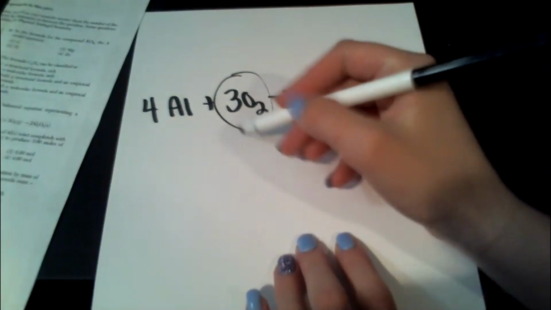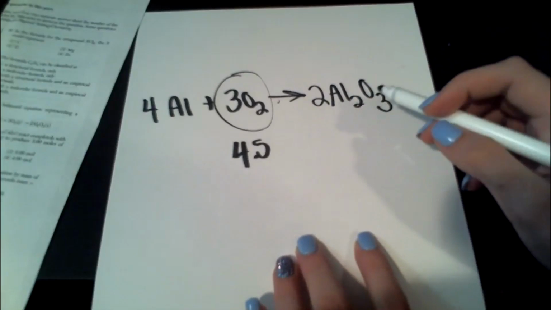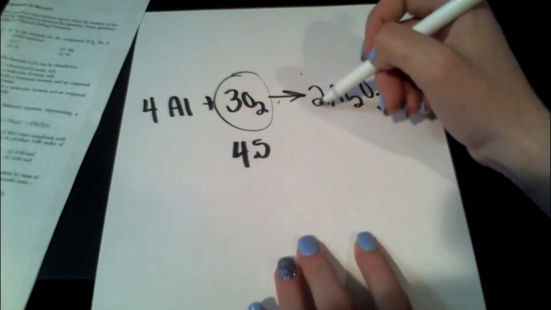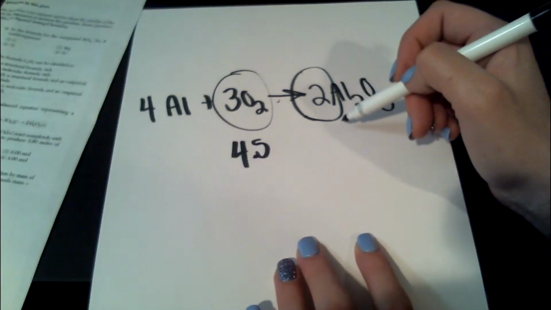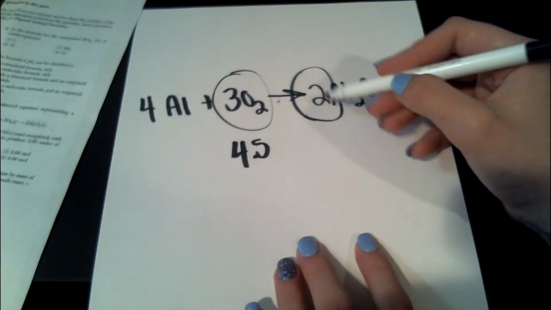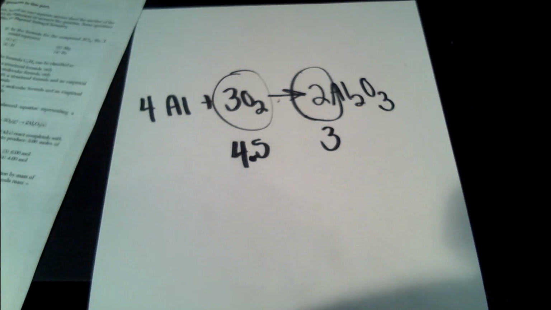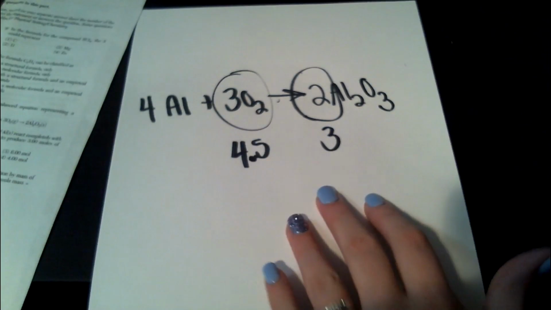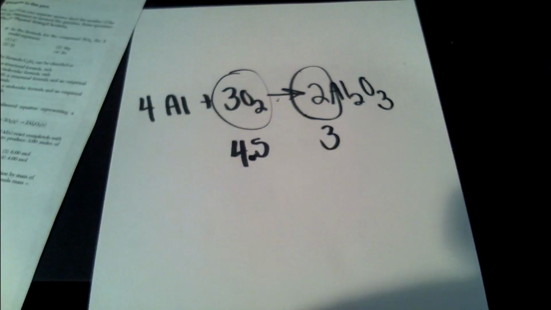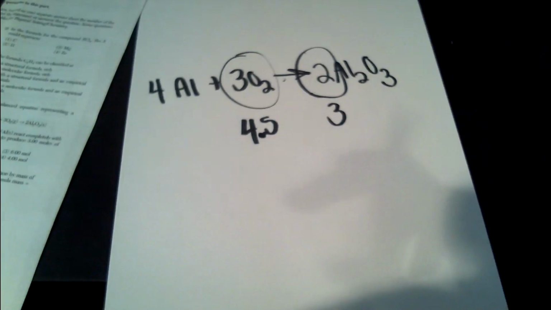Let's say I'm moving from 3 moles of oxygen. Now I want to use 4.5. And instead of getting 2 moles of aluminum oxide, I want to get 3. That's 4.5. This is a ratio. If they worded this a little bit differently, this very well could have been an Algebra 1 question. So how this works.